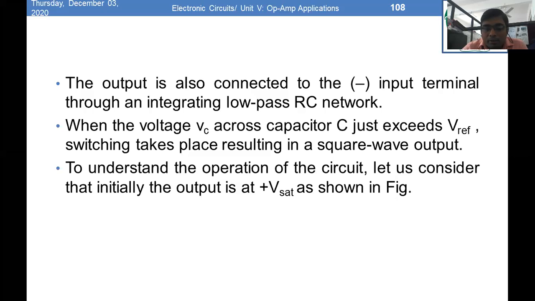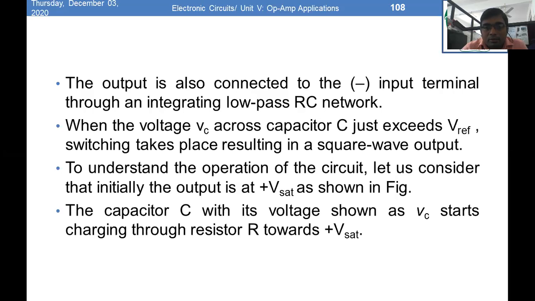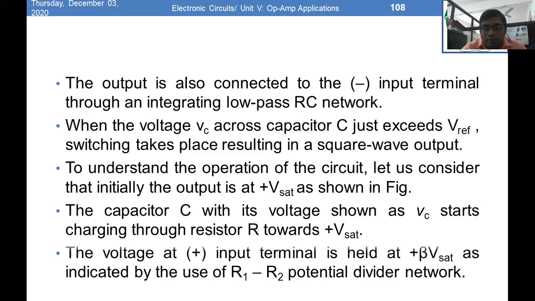To understand the operation of this circuit, let us consider initially that the voltage at the output terminal is plus Vsat. The capacitor C, with voltage Vc, starts charging through the resistor R towards plus Vsat.